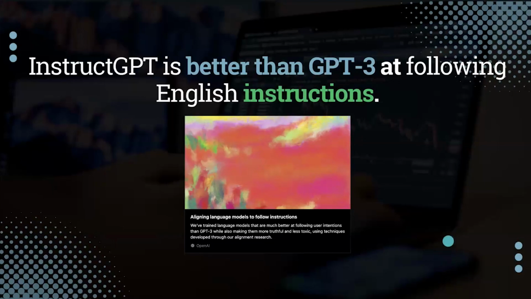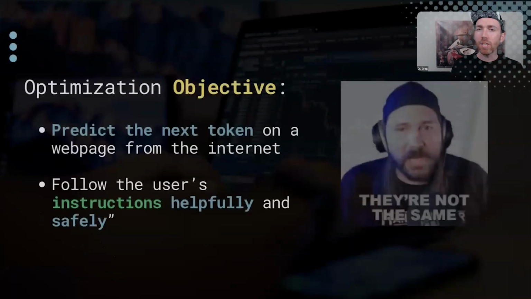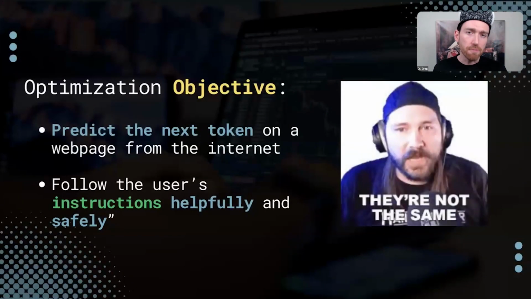And the authors noted in this paper that there's actually two very different objectives when we go and we try to align to human instructions versus when we simply try to minimize the loss function on predicting the next token. Because as in any optimization problem, what we need is we need to make sure that we have a single objective to optimize towards.